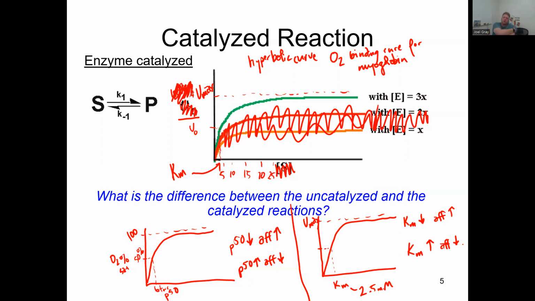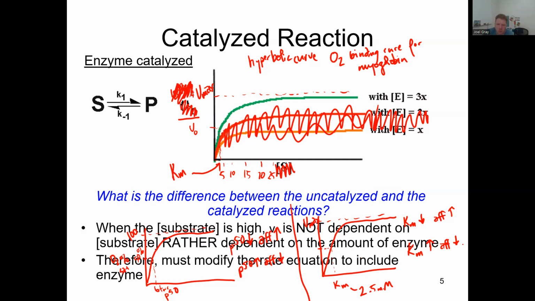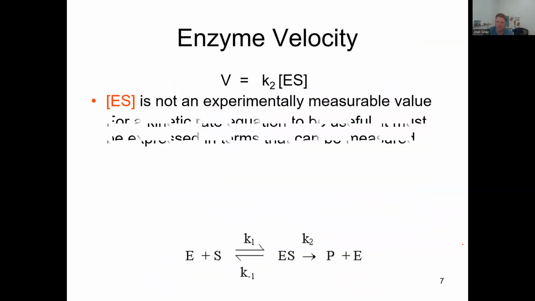So if you have a good understanding of an oxygen binding curve, this Michaelis-Menten curve is going to look almost the exact same. Your Km is analogous to your P50. If the P50 goes down, that's the same thing as if your Km goes down. Your affinity goes up. So I hope that was helpful.